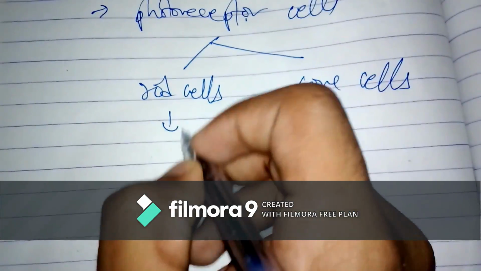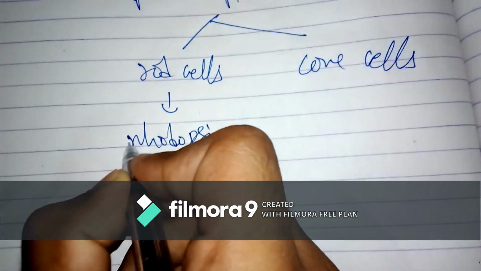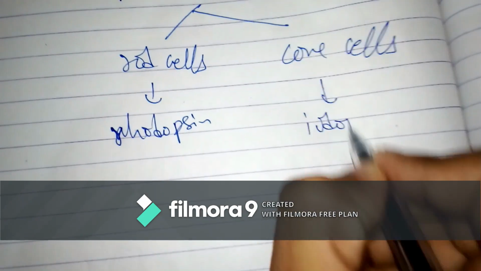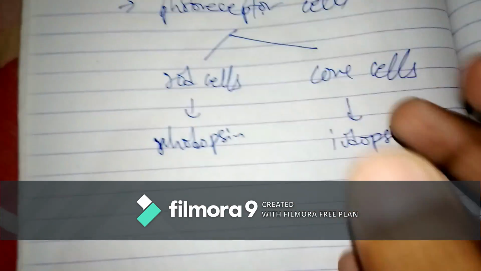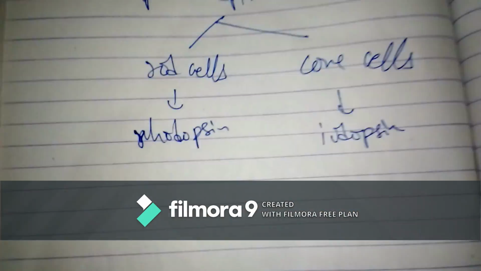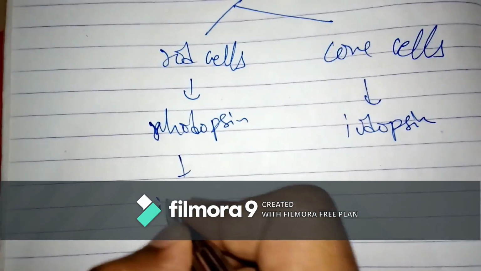The rod cells consist of the pigment rhodopsin, and the cone cells consist of the pigment iodopsin. So rhodopsin and iodopsin, you can remember, R for rod cells and I for the cone cells. Rhodopsin is a pigment which helps vision in dim light.